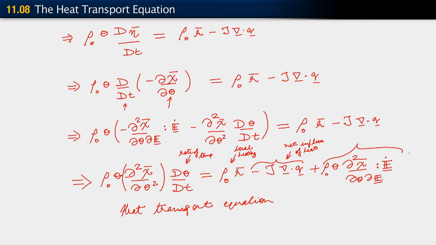For now, because it has that mixed derivative with respect to temperature and strain, it should straight away tell you that it is telling us something about the coupling of thermal and mechanical fields here. Okay? It is what we will call elastic heating.